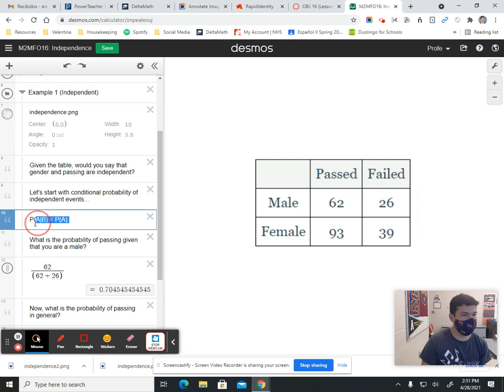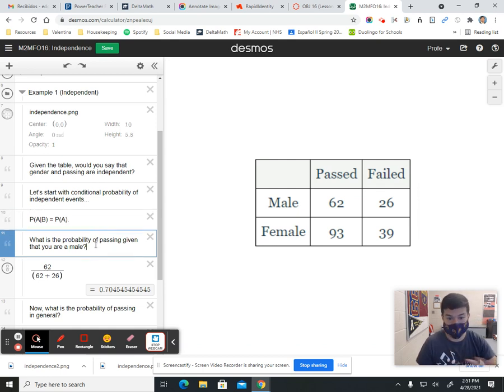So what I'm going to do is I'm going to see if the probability of A given B is the same as the probability of A. That was one of my two formulas, right? If these are truly independent, then the probability of A given B is just the probability of A. So I'm going to check this, and you can come up with any example that you want, but I'm going to come up with the example of what's the probability of passing given that you are a male.